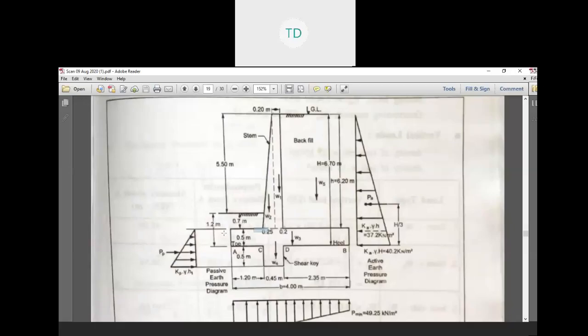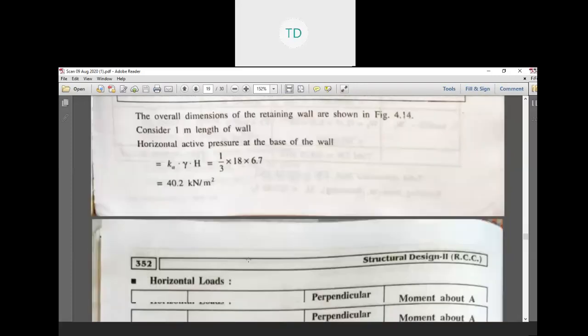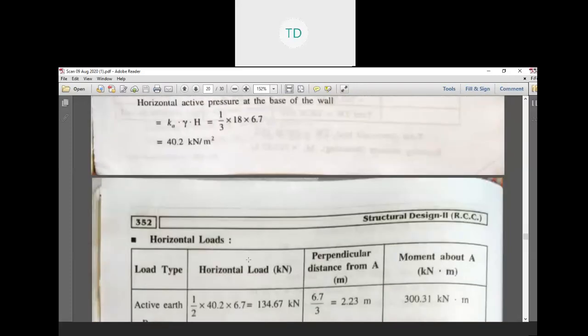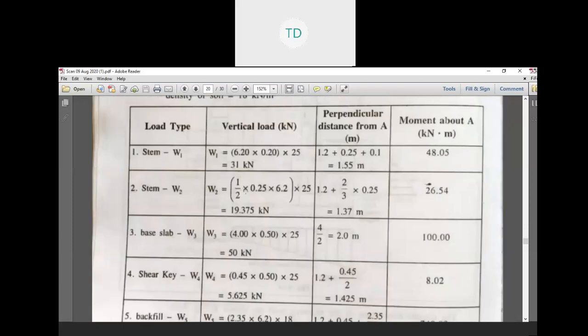Now for the perpendicular distance we take 0.25 divided by 3, because for a triangle the distance is taken as h by 3, and the rest is 1.2. Let us show it: 1 half into 0.25 into 6.2, and 1.2 plus 2 by 3 into 0.25.